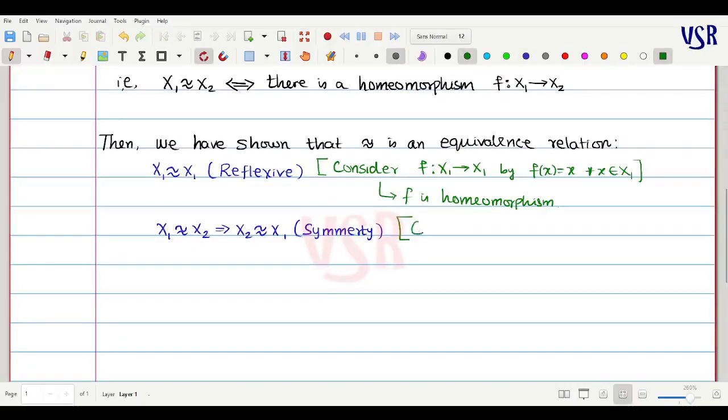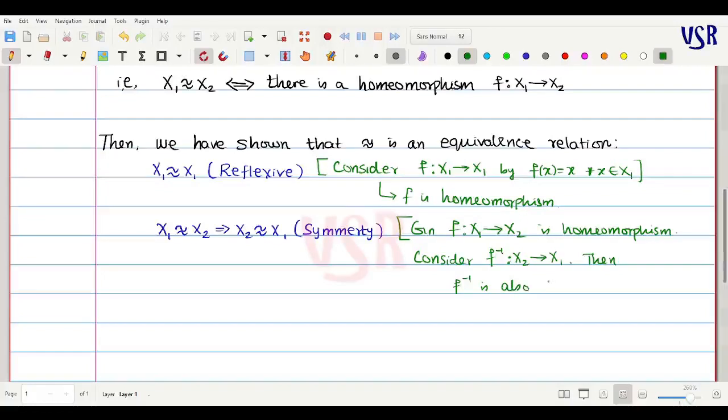Given f is a function from x1 to x2 which is a homeomorphism, consider f inverse, a function from x2 to x1. Then f inverse is also a homeomorphism.